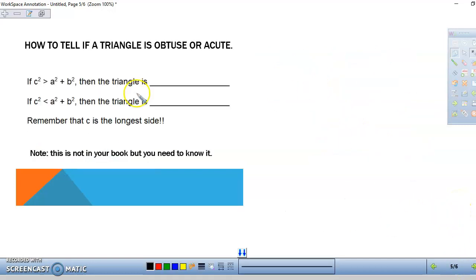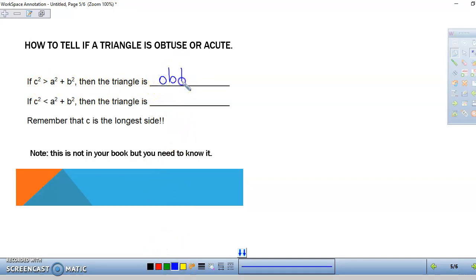Okay, next thing, how to tell if a triangle is obtuse or acute. So as long as you put the c squared first, so the longest side length squared is first, it's actually very obvious what these answers are. So if c squared is greater than a squared plus b squared, then the triangle is obtuse.